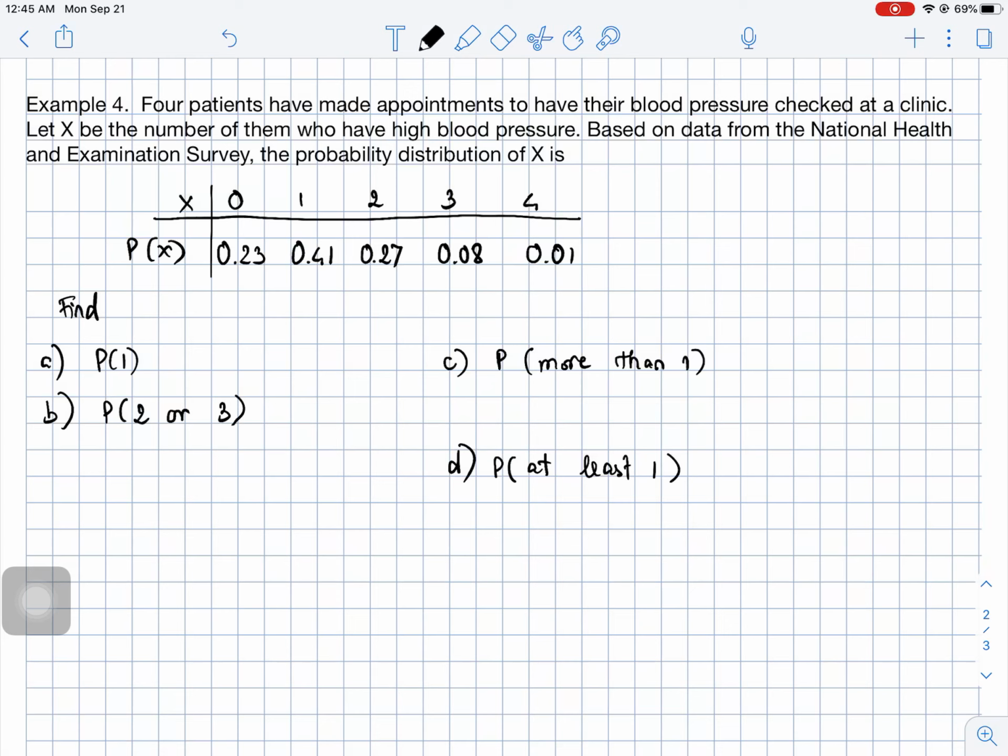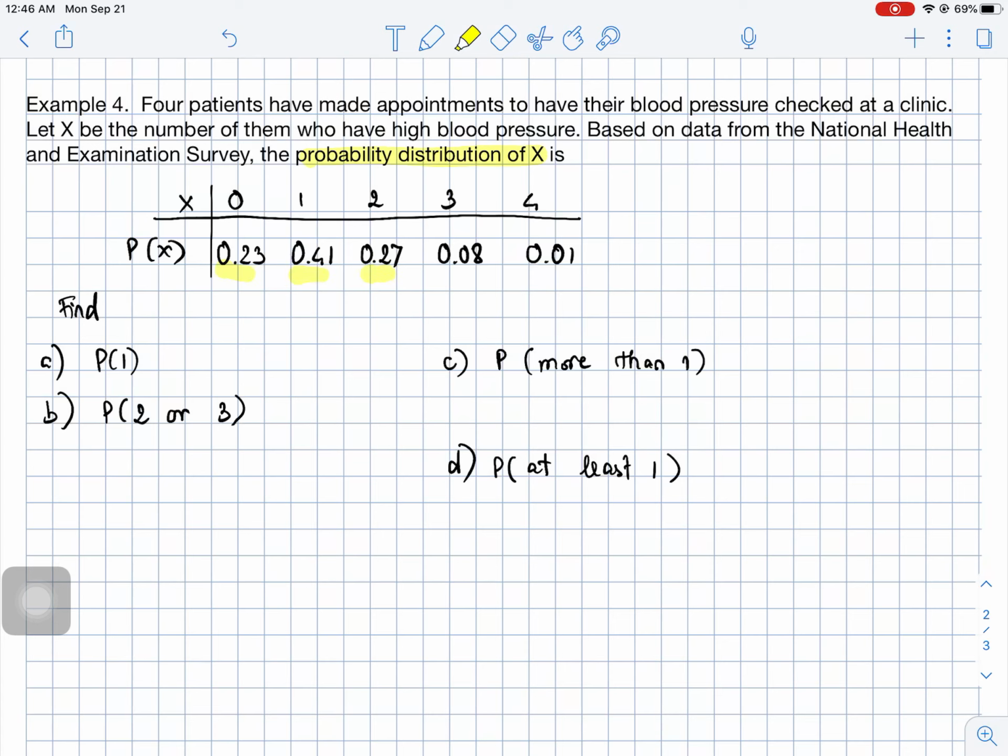So before we do this, we need to check. The problem is telling us that the probability distribution of X is given in the table below, and we want to check the problem to see if it is right or wrong. Remember, we learned before, we need to check the probabilities one by one to see if they are between 0 and 1.